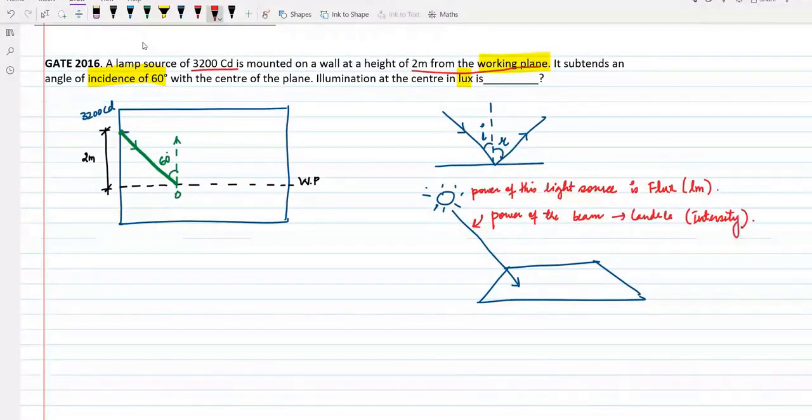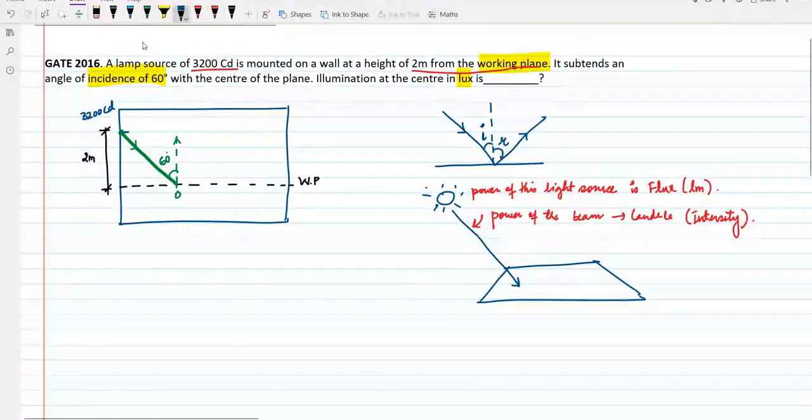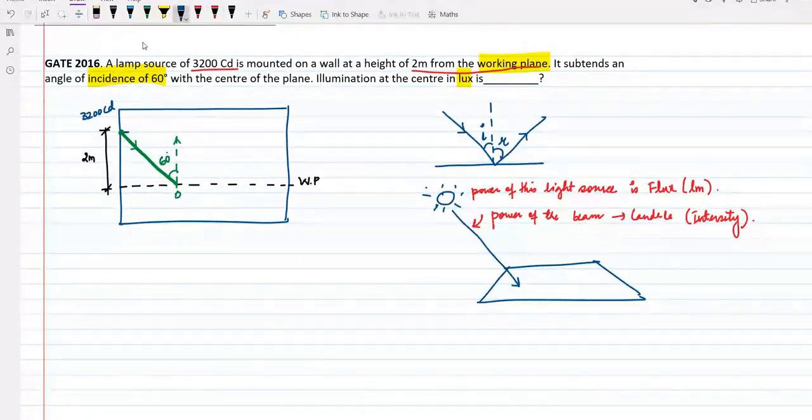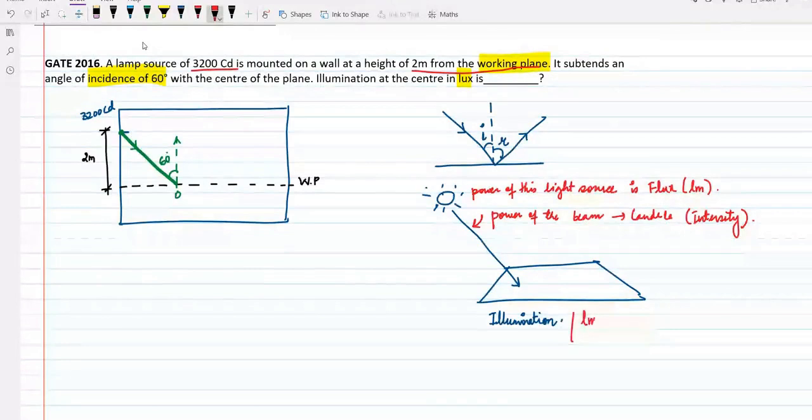Next, the light falling on this particular plane is measured in terms of illumination. And this is nothing but lumens per area, or per meter square.